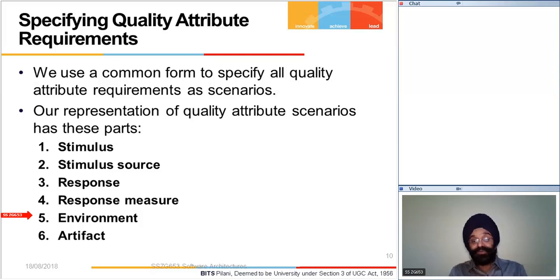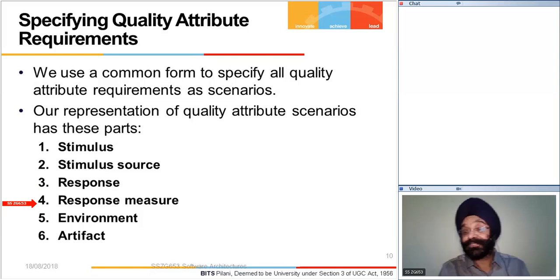Quality attributes allow the artifact to produce a response against a stimulus. Something happens, against that something else will happen. And how much of a response happens against what stimulus is what quality is all about. So if what response against what stimulus is what quality is all about, there's got to be a method to measure the response.